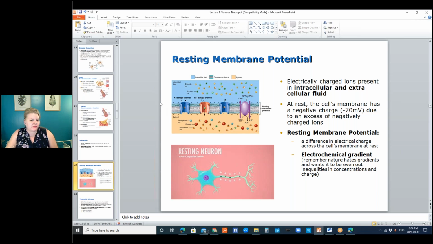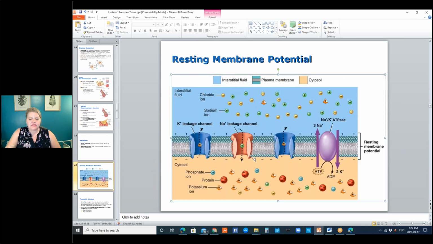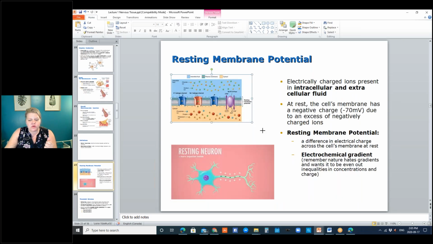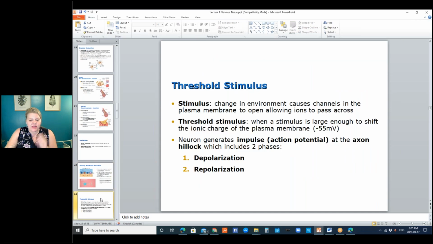So whenever there's a stimulus, it'll open some sodium channels, and then those sodium ions are allowed to come across. And this cytosol side gets slightly more positive, reaching a minus 55, right? Minus 55 is more positive than minus 70. And then this has reached threshold. And once you have a threshold stimulus, then you can generate an action potential or impulse along the axon.